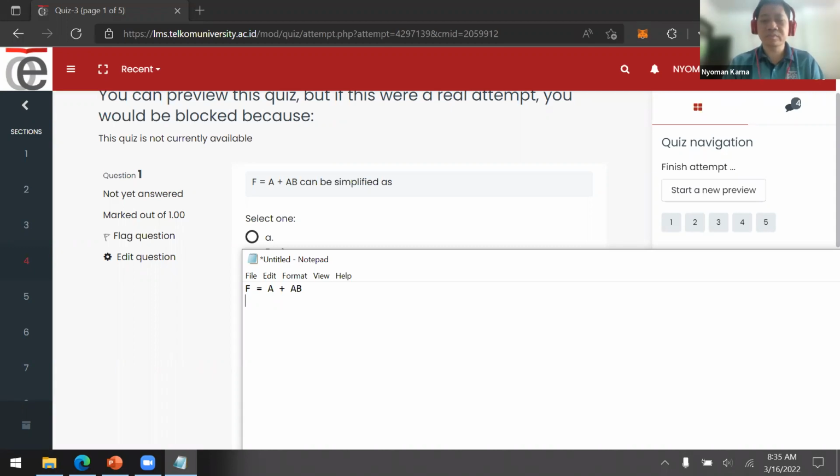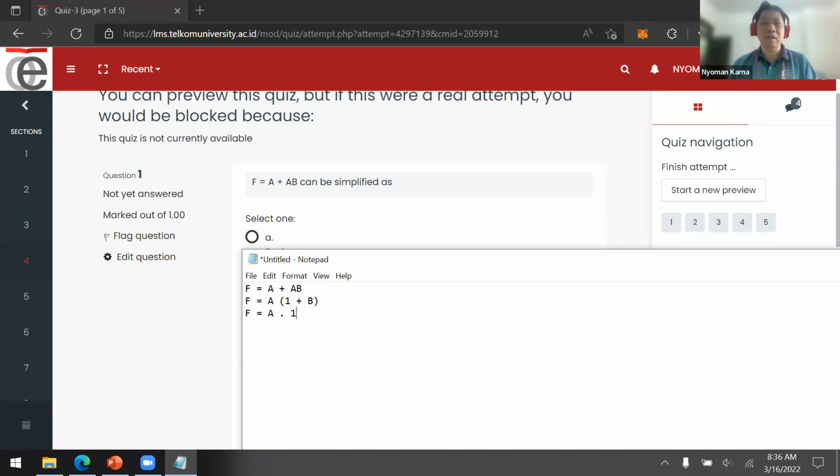So we can extract the A using the distributive law. It will become A times (1 plus B). Then we understand that 1 plus B is actually 1, because everything plus 1 is 1.